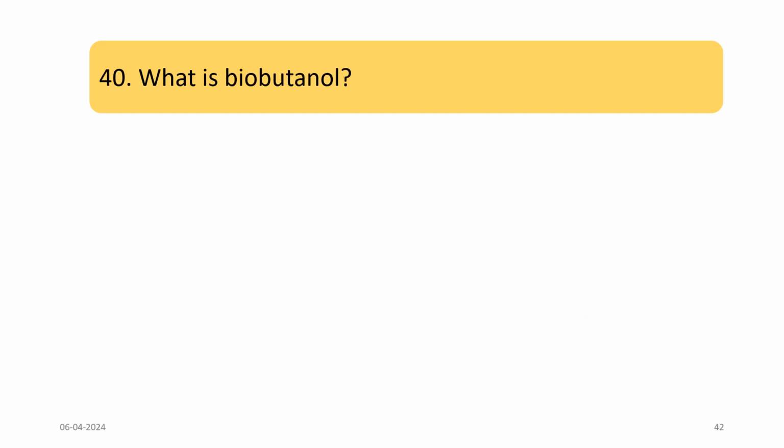Next, what is biobutanol? Biobutanol is an alternative energy source due to its properties. Like bioethanol, it is also a biofuel, but it has a higher calorific value than ethanol.